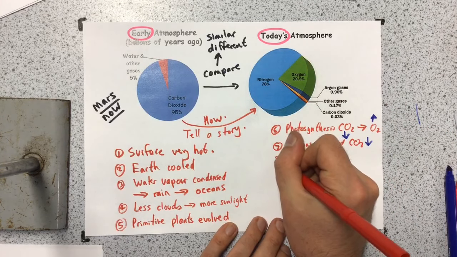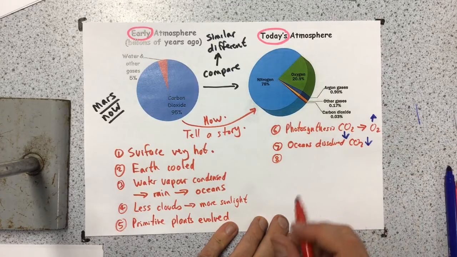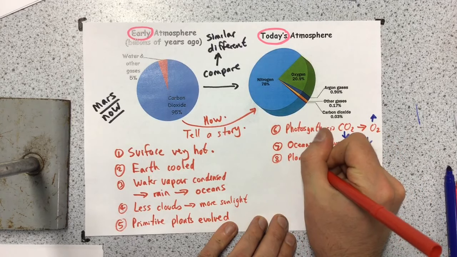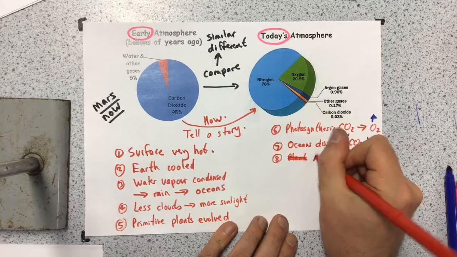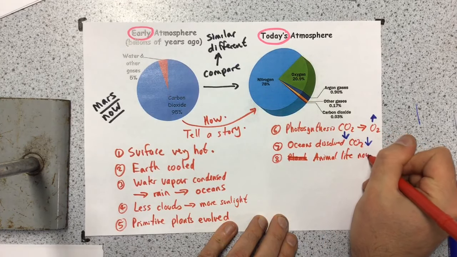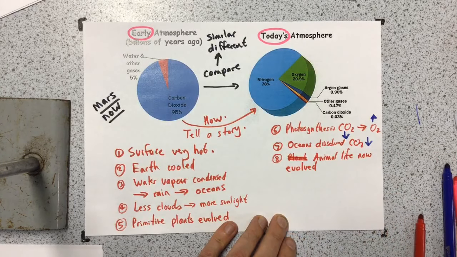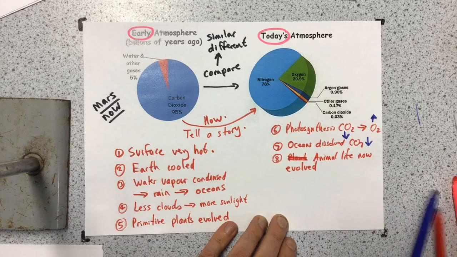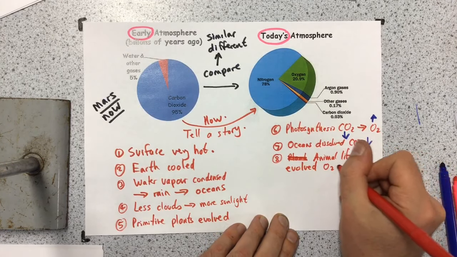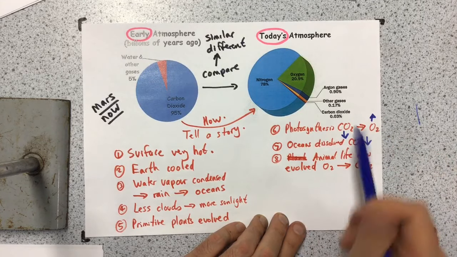What then happened is that we ended up with oxygen levels increasing, so animal life now evolved. Okay, animal life evolved. Animals respire, they take in oxygen, and they release carbon dioxide.